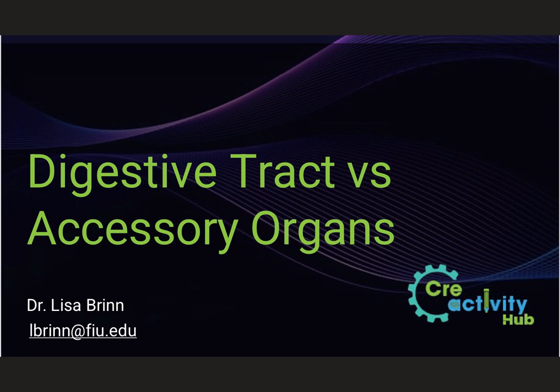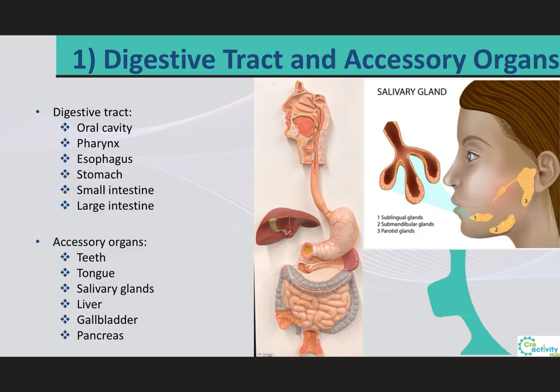So let's take a look at one of the most interesting organ systems and one that makes us think about eating delicious foods. We're going to have this muscular tube that's going to be called the digestive tract. And then there are going to be these various accessory organs that will make up the digestive system.